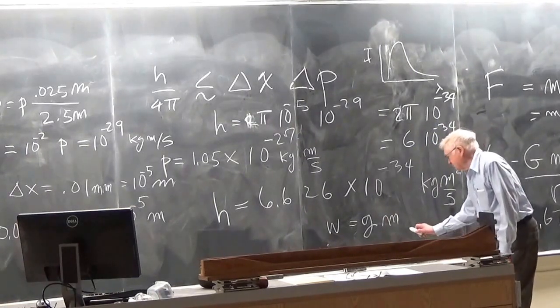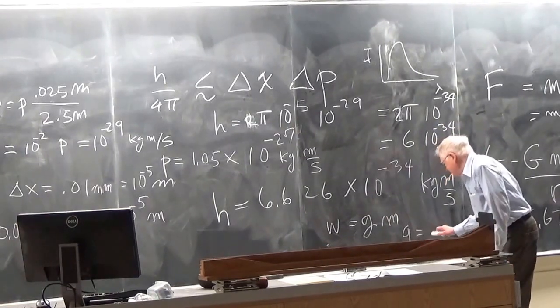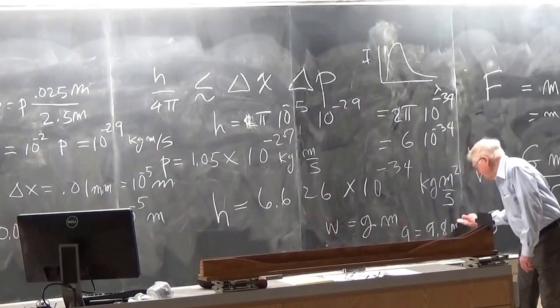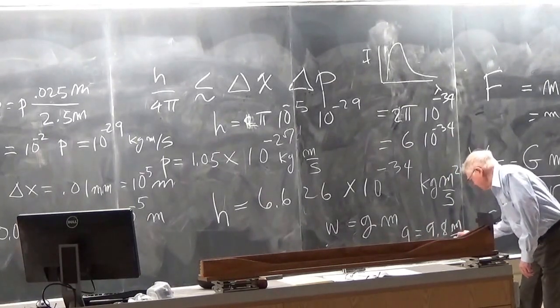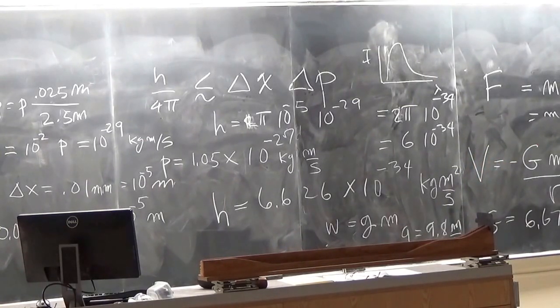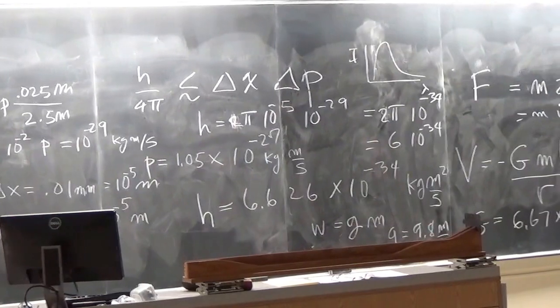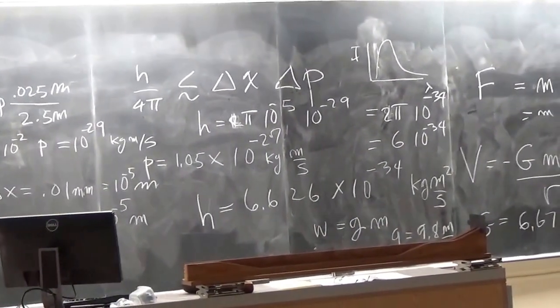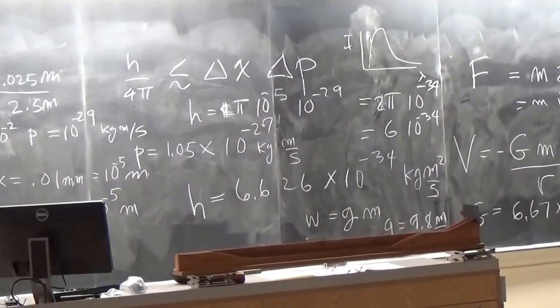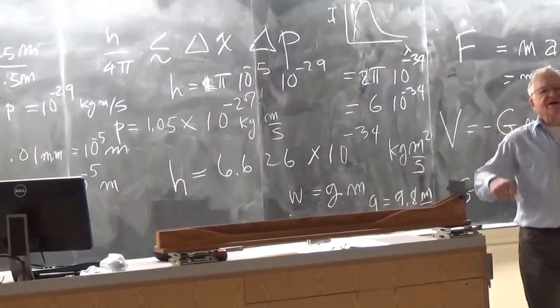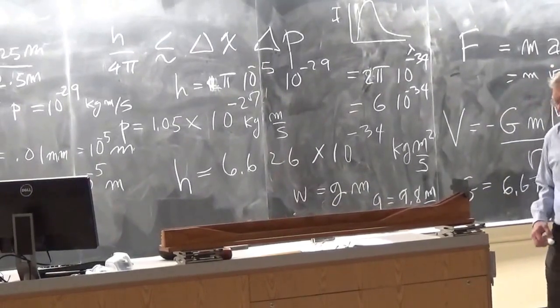And the acceleration of gravity, g, is something like 9.8 meters per second squared. Can you guys see that when I write on that board? Can you see it in the front? Okay. It's also, in English units, 32 feet per second squared.